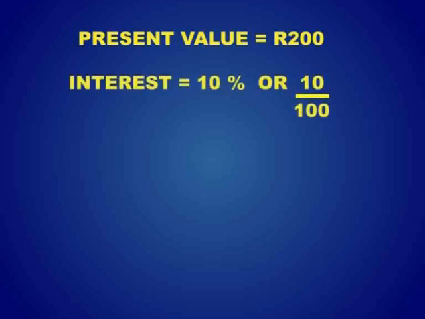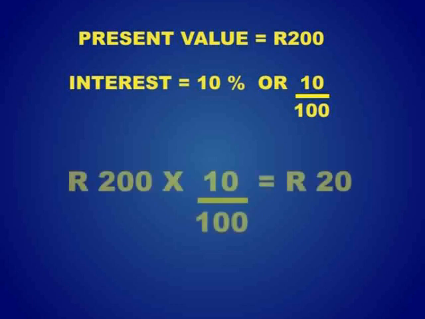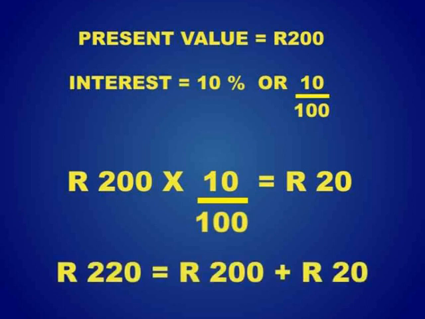You charged him 10% interest. 10% of 200 Rand is equals to 20 Rand. That 20 Rand is what you charged him for using your money. At the end of the first year, he owes you 220 Rand, which is your present value plus the interest component.